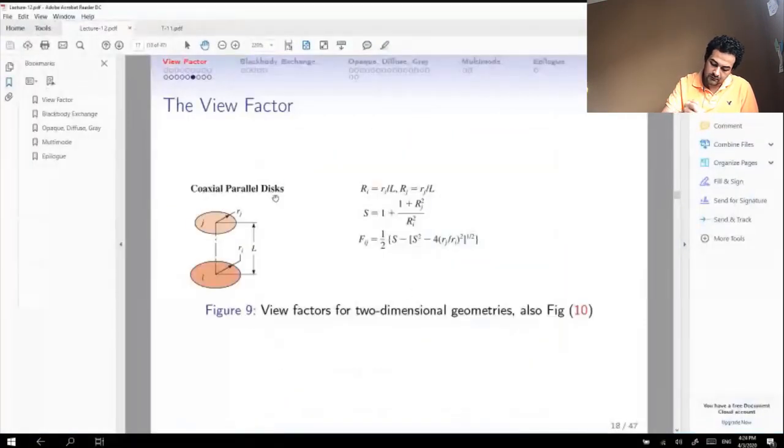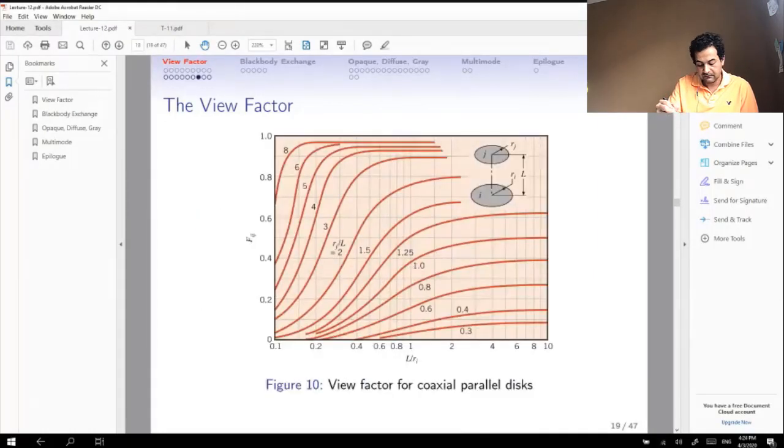You can do it by the equations from figure number 9, or the most straightforward and very easy way for me is to use the dimensions given to you for the two disks when they are coaxial and parallel, and from L over Ri and Rj over L. So you've got to locate your point on the x-axis and one point from the curve, and get the Fij from here.